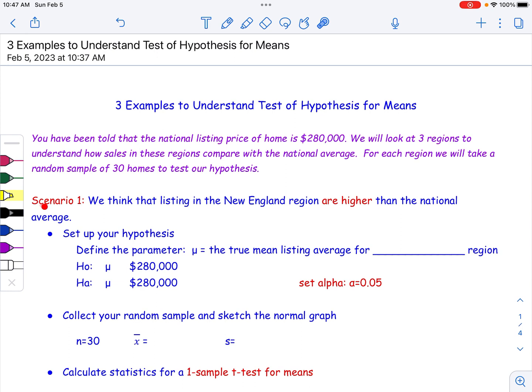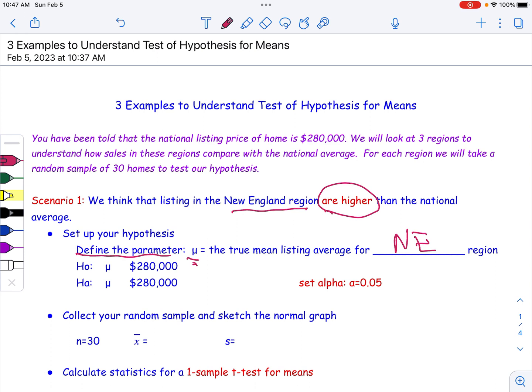Our first scenario is that we're going to look at New England region and see if in New England the listing of homes is higher than the national average. So the first thing you do is you define your parameter. Here it's means, so we're doing mu, the true mean listing average for New England region.